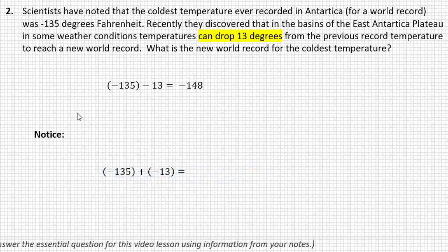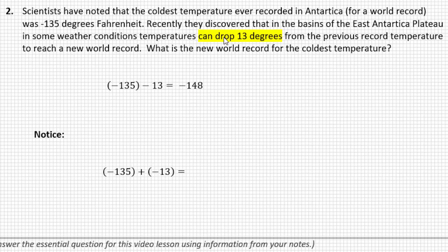So I was noticing that we could still start our problem with negative 135 to represent the original world record, or the last recorded world record for the coldest temperature, and then think about this as an additional drop in 13 degrees, and drop could mean a negative integer.